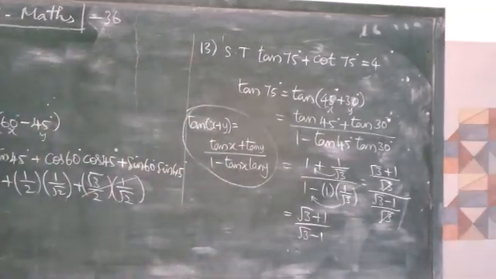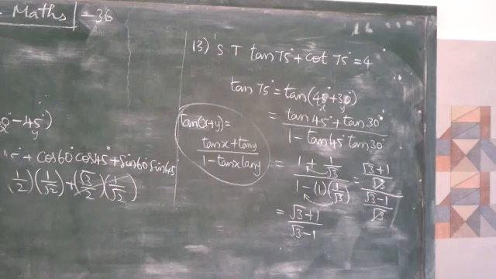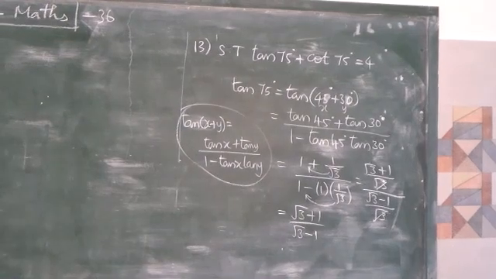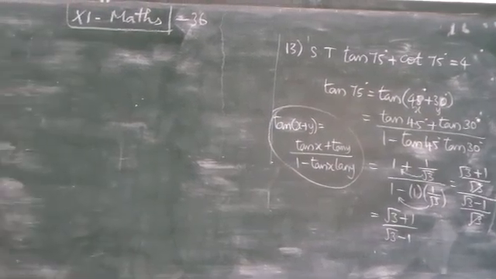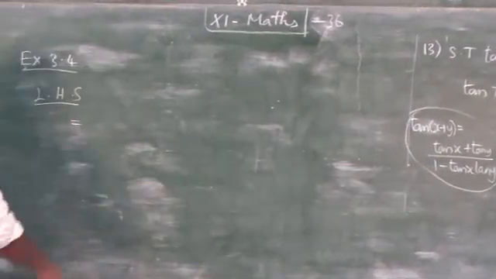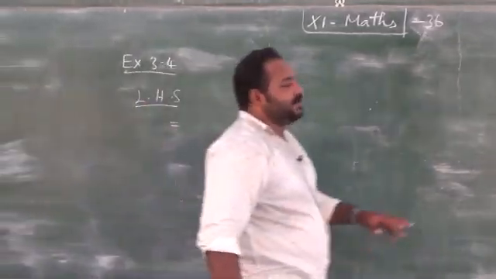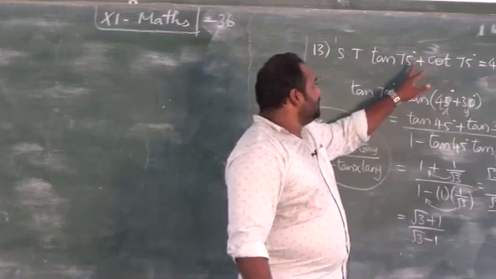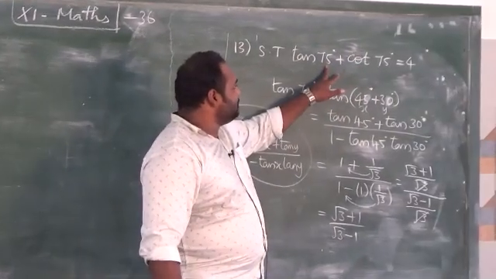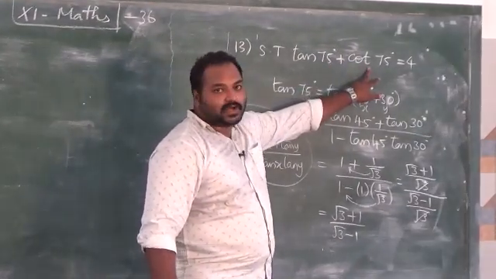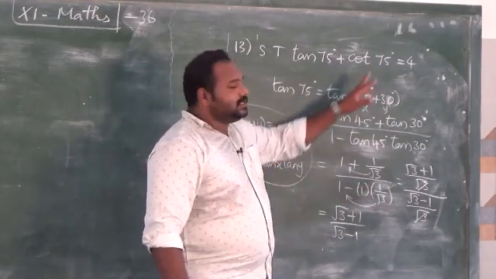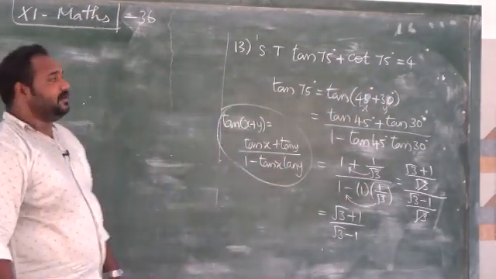So now I am going to take the LHS side. LHS: tan 75 degree plus cot 75 degree. Here we have found only tan 75 degree. No need to find cot 75 degree, because cot 75 is the reciprocal of tan 75.